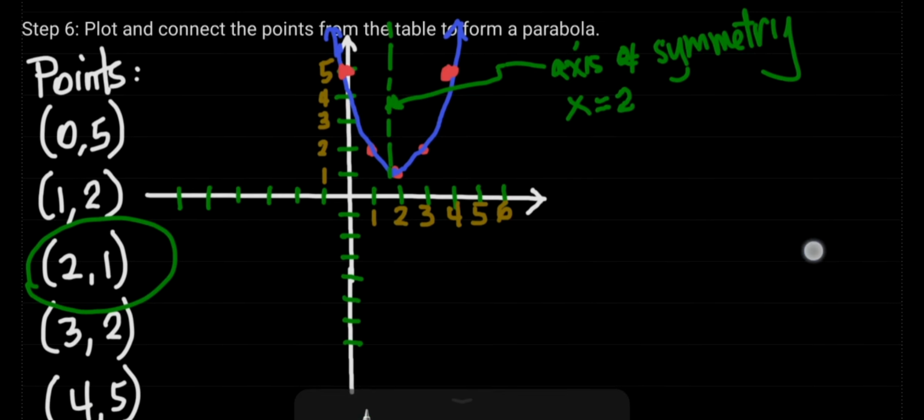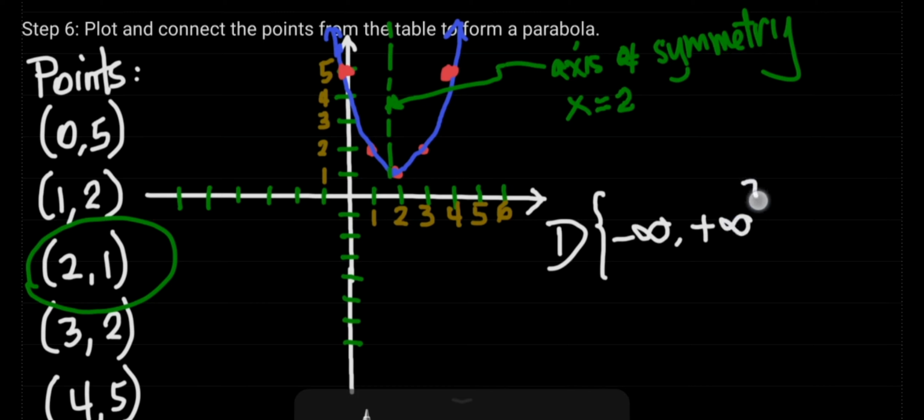And for the domain, it's negative infinity to positive infinity. And this is always the answer for any problem in quadratic function.